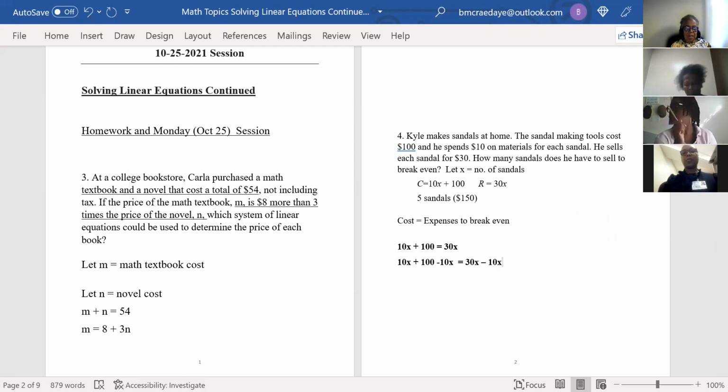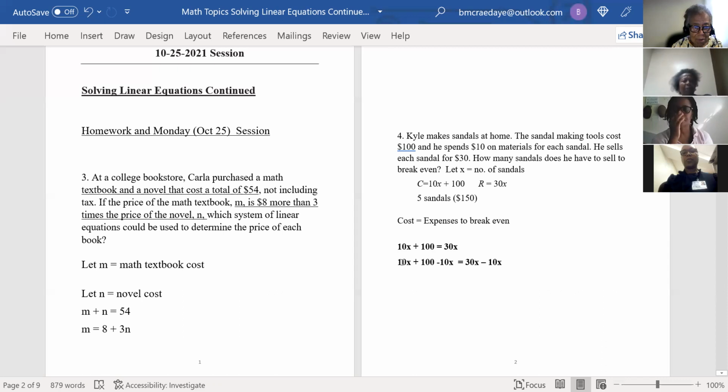What do you have left on the left side, Maureen? 10x. A plus 10x and a minus 10x give you what? 0. That's it. Very good. So what do I have left on the left side? 0, because 10x and minus 10x is 0.